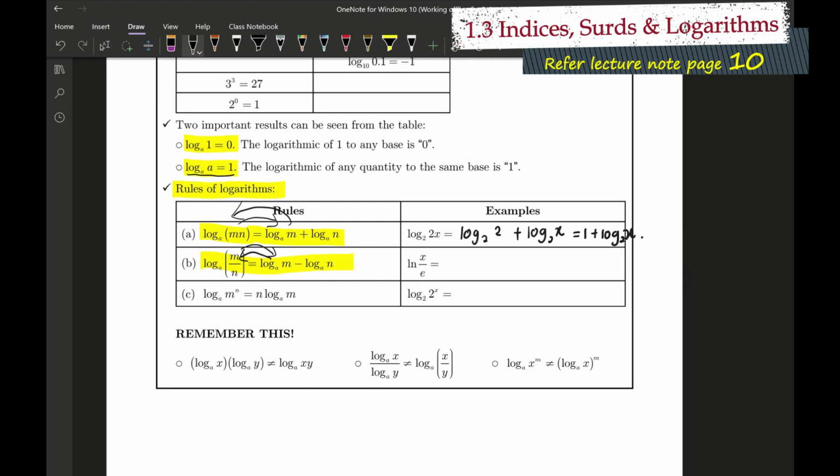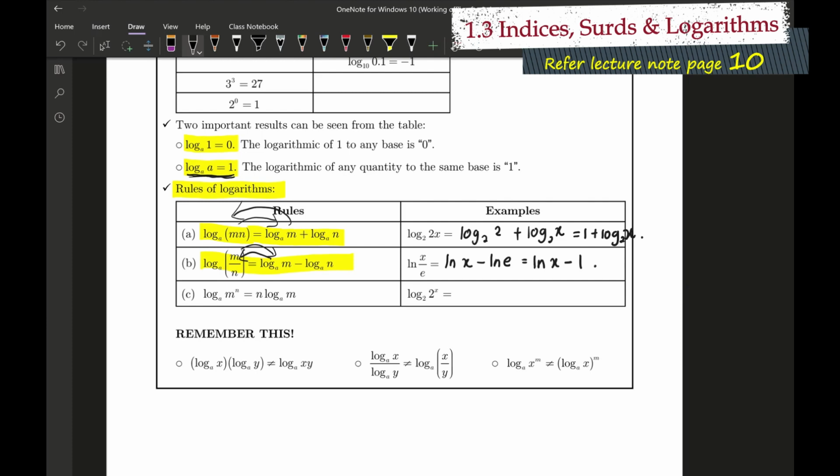Remember, ln means the base is e. So ln x minus ln e. So ln e is equal to log base e, and still we are using this rule here. Log e base e itself, it will become 1. So the final answer will give you ln x minus 1.